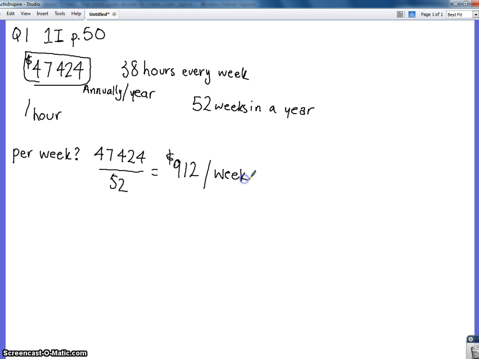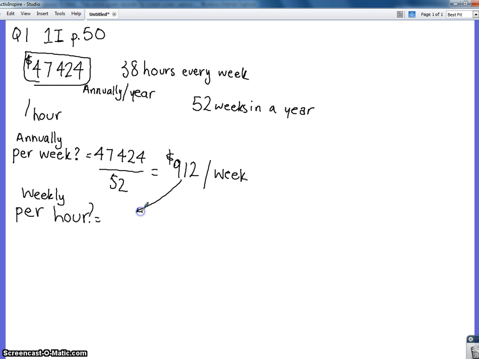Now if they earn that every week, what do they earn each hour of that week? Yeah, good. You'd say, well, if we did that process to get it from annually to weekly, then we want it from weekly to per hour, and it's a similar process.